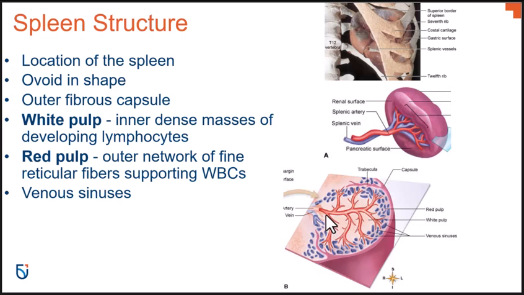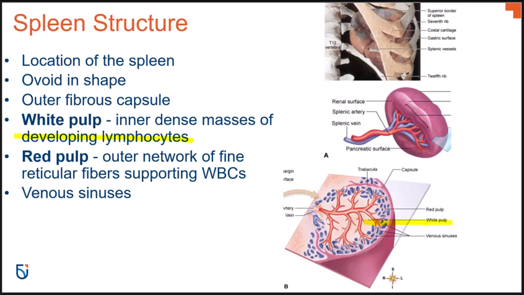We have arteries that lead into each compartment that are surrounded by dense masses called nodules. They contain developing lymphocytes, and because they have a whiter appearance, it gets the name white pulp. So the white pulp is shown here, and again, that's the inner dense mass where lymphocytes are developing.